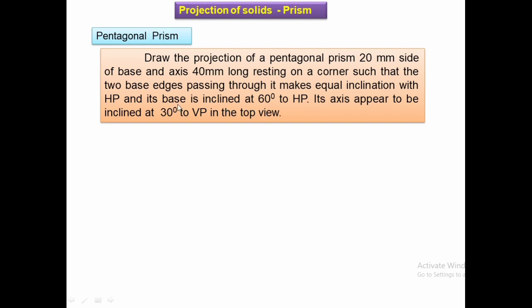We have to tilt the base by an angle 60 degree to HP, and the axis appears to be inclined at 30 degree to VP. We have to draw the top and front views for this.